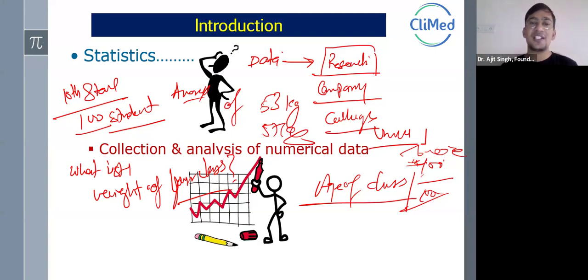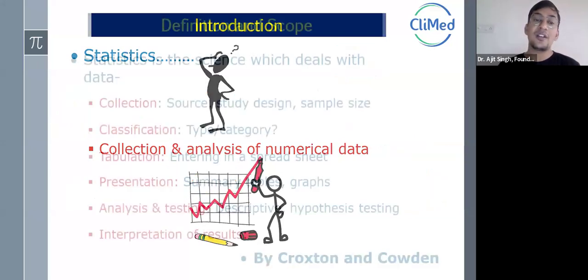There are many variables and many statistical results that we need, either normal or non-normal, according to the objectives of our research. So statistics is collecting the data and analyzing it to get numerical results.